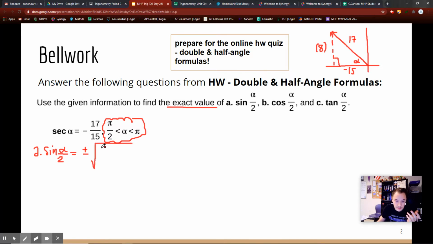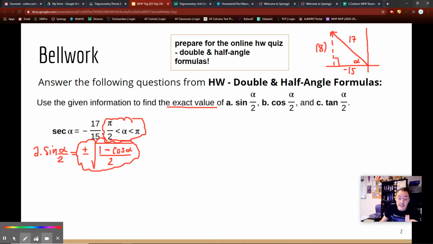It's plus or minus the square root of 1 minus cosine of alpha, all over 2. This is my formula. I probably won't give you the other formulas because it's kind of tedious. And I don't want to do plus or minus, so I need to figure out which one it is. Is it plus or is it minus?